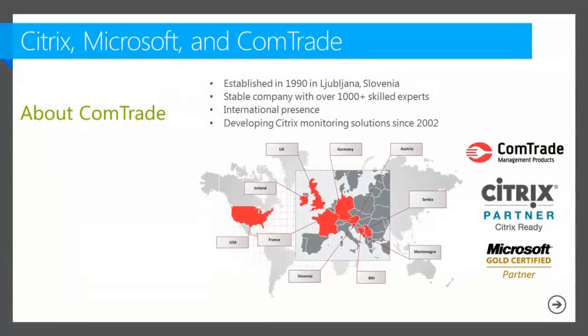So a few words about Comtrade. We are based out of Ljubljana, Slovenia, a fairly large company in the region, one of the largest software houses there. And we're more than 1,000 engineers, actually. We've been developing Citrix monitoring technology for over 10 years already.